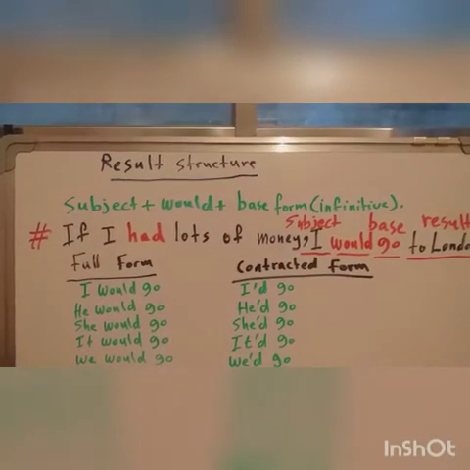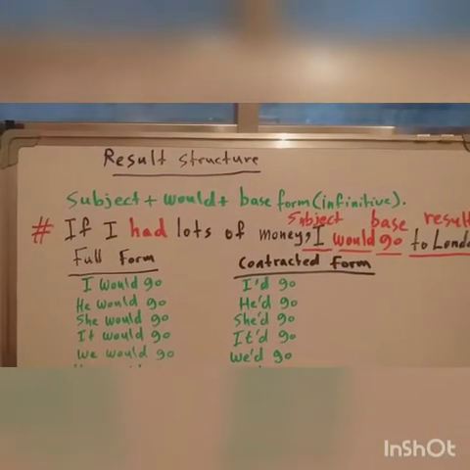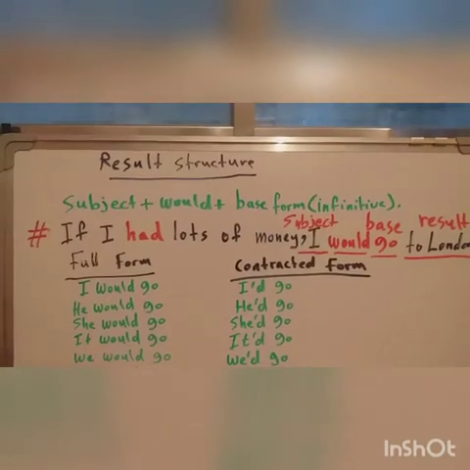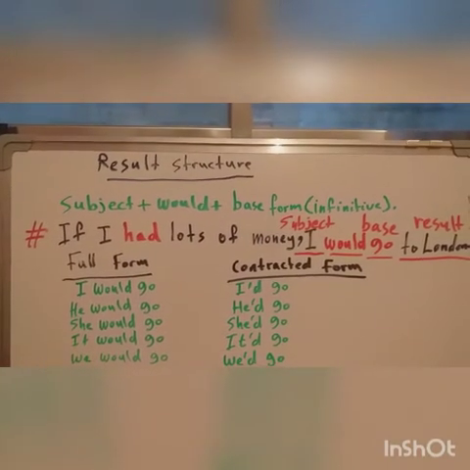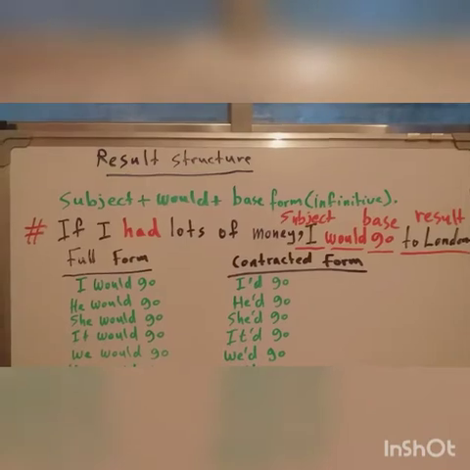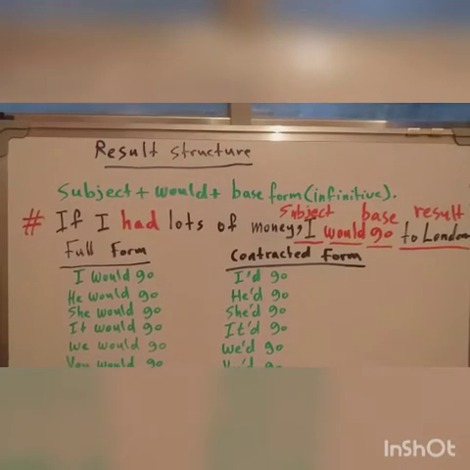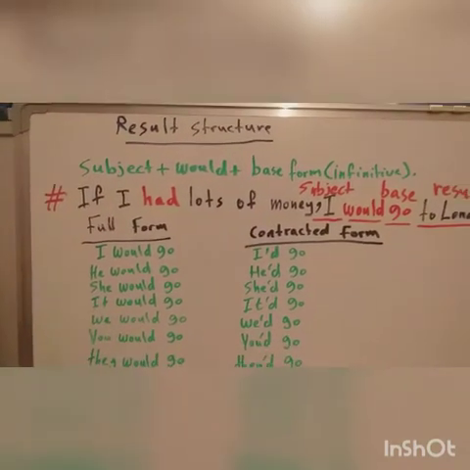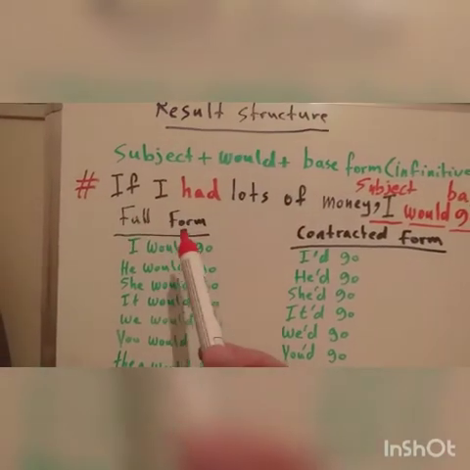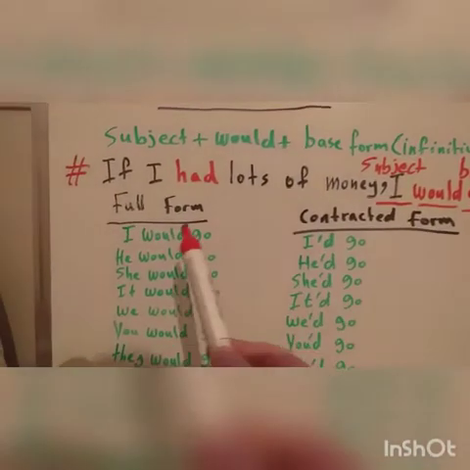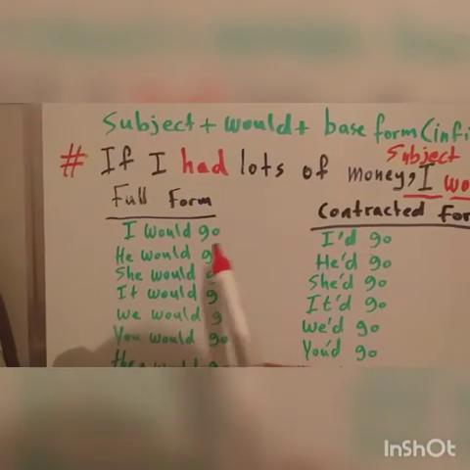So you can see that it's quite easy, but you have to know that we often use the contracted form in spoken English and in informal English. Here are the full forms and the contracted forms. I would go, I'd go.